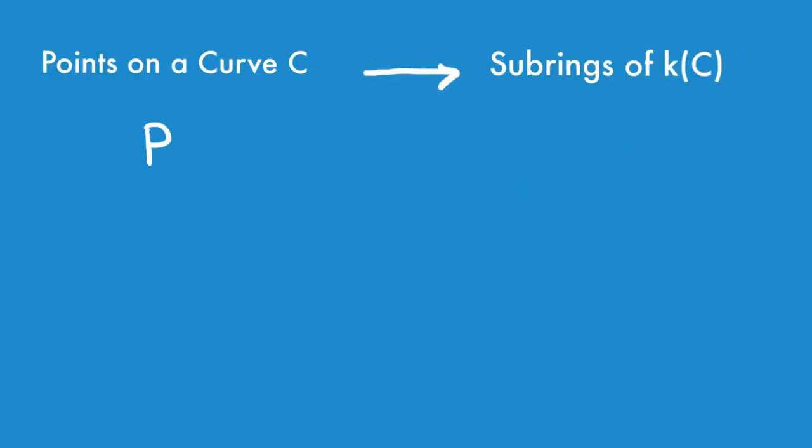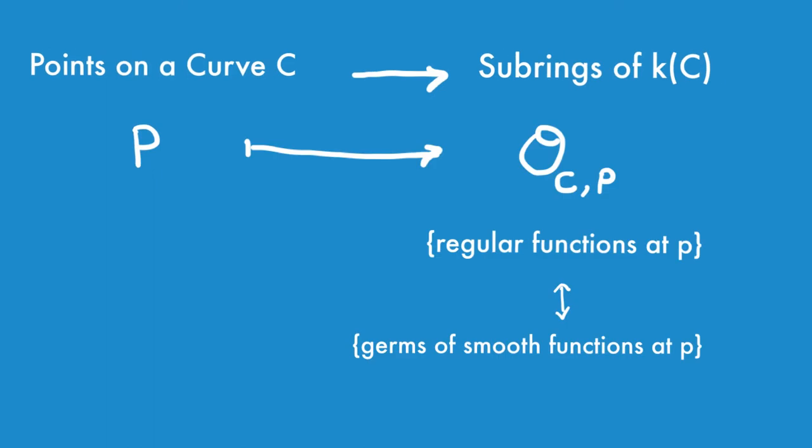So given a point P on a curve C, to remember which algebraic object best captures the local picture at P. Well, to understand the local picture at P, the most natural thing to consider is the ring of regular functions at P. And recall that this is a generalization of the notion of rings of germs of holomorphic functions or germs of smooth functions in differential geometry and in complex geometry.